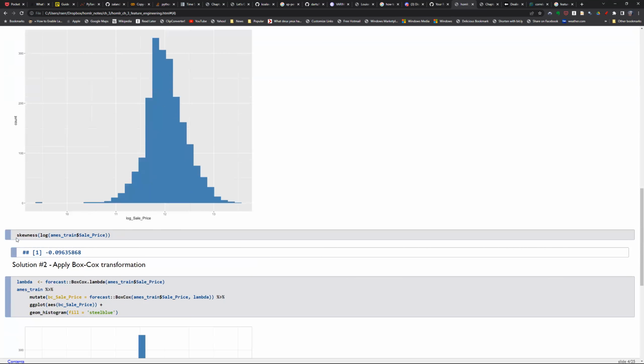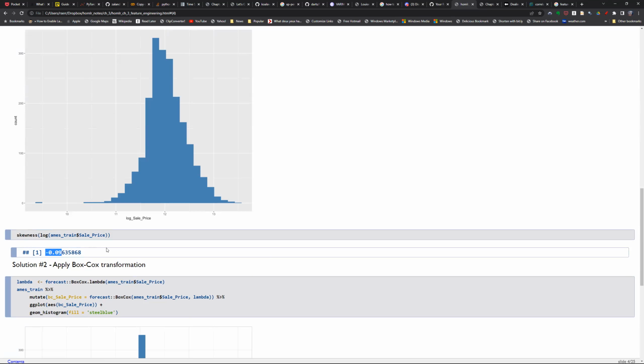And if we apply the skewness function that we applied before, we now get a value of -0.09. So from 1.67 positive, we get about -0.1. In other words, the skewness is now going to the other side, but it's still an improvement from our untransformed value.